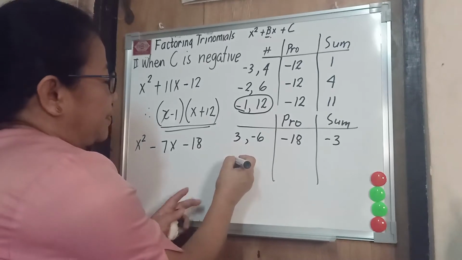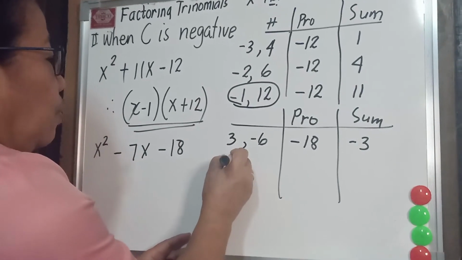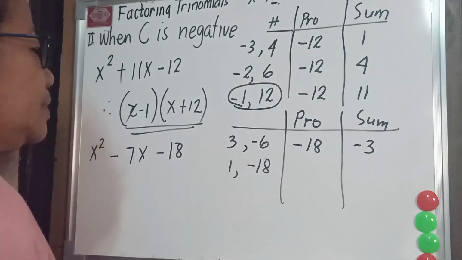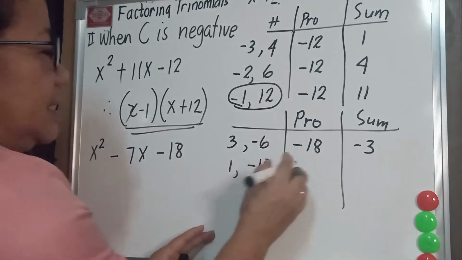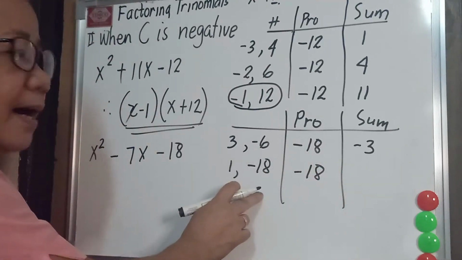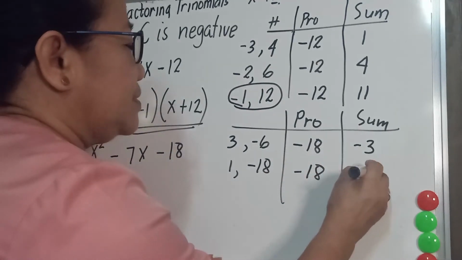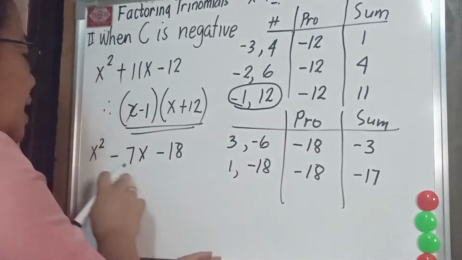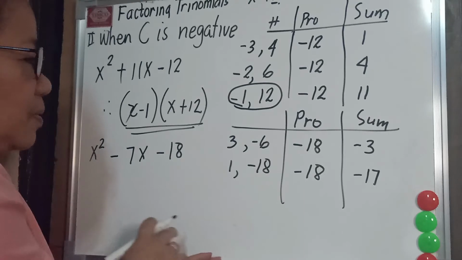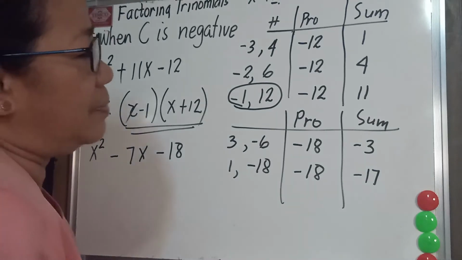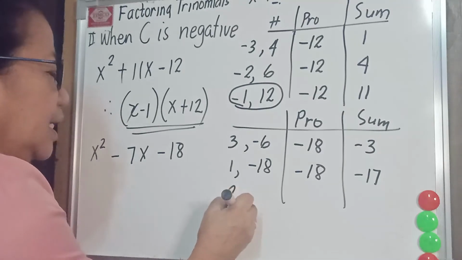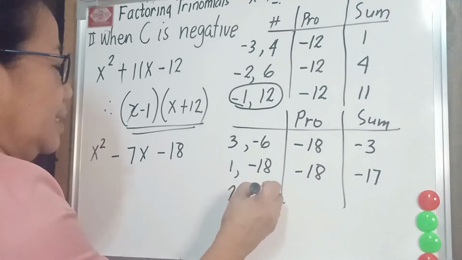Let us have another pair, 1 and negative 18. The product is negative 18. The sum is negative 17. Remember, your B is negative 7. So, let us try another pair of numbers. Let us have positive 2 and negative 9.